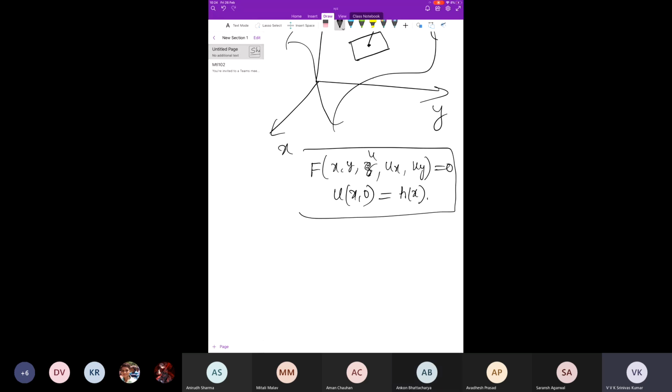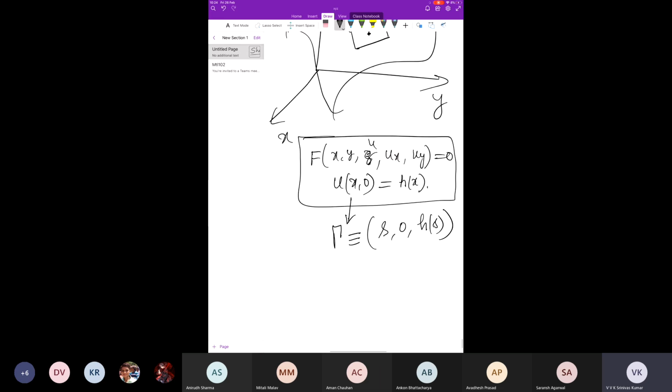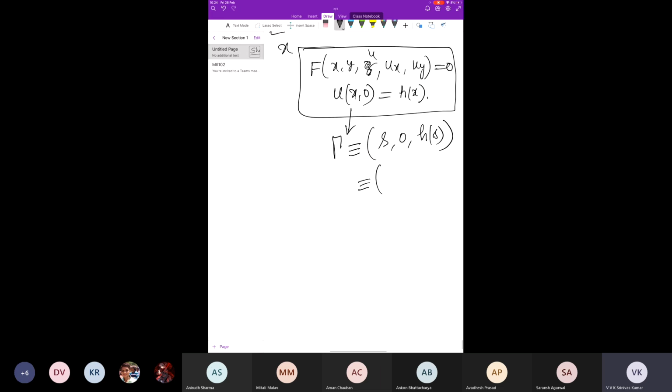Whenever the problem is given, we will be given these two also. This is the initial curve gamma, which we can parameterize as s comma 0 comma h of s, or in general f of s, g of s, and h of s.